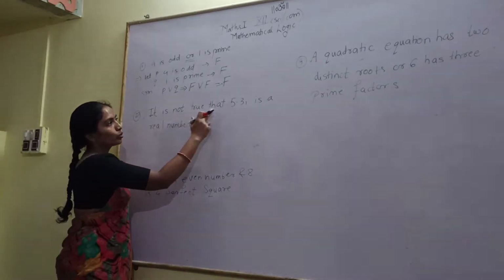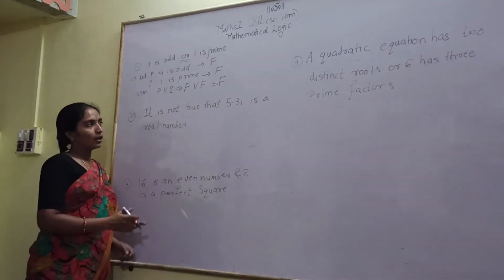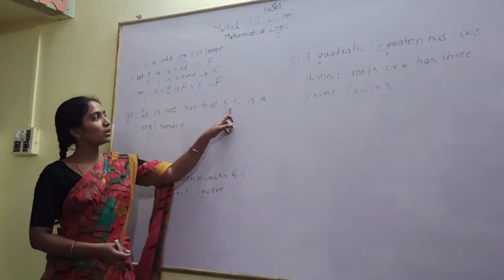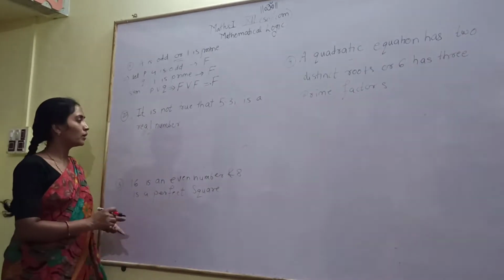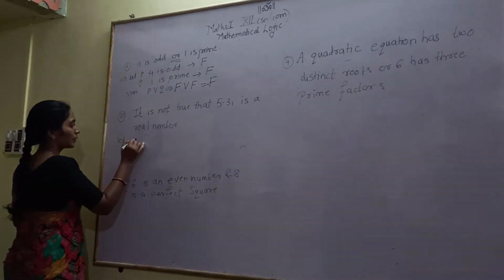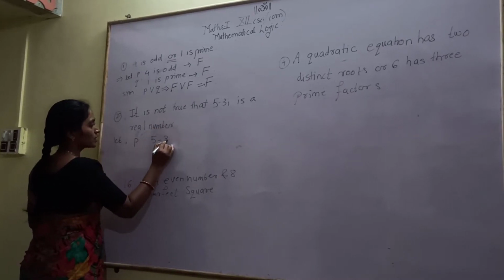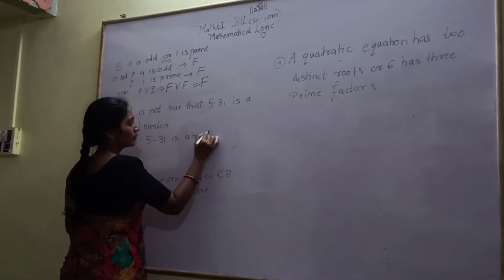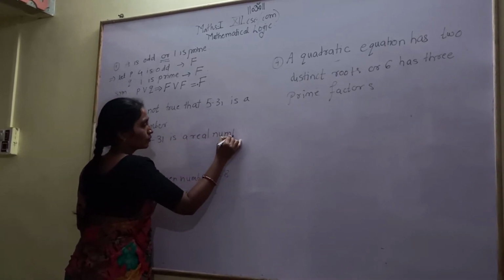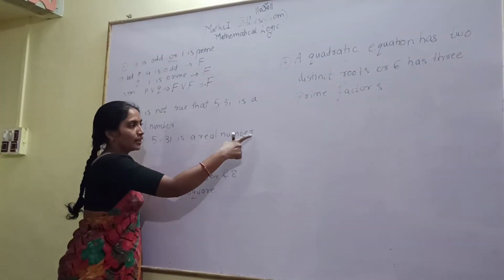It is not true that 5 minus 3i is a real number. In this, it is only a single statement here. Therefore, we want to take only one statement. Let me write P as: 5 minus 3i is a real number.